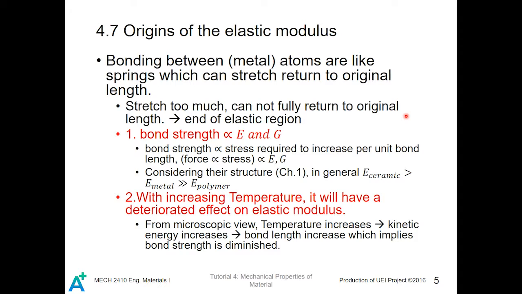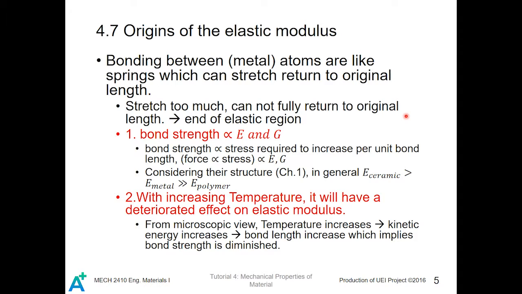First, bond strength is directly proportional to the elastic modulus and the shear modulus, E and G. This is because bond strength is directly proportional to the stress required to increase per unit bond length, and as force is proportional to stress, that means stress will be proportional to E and G.